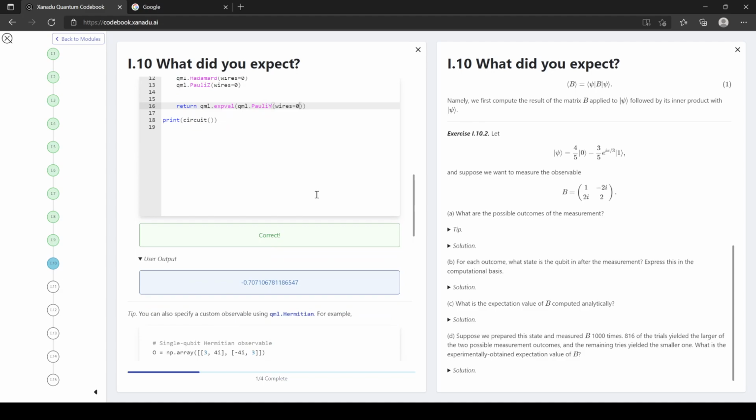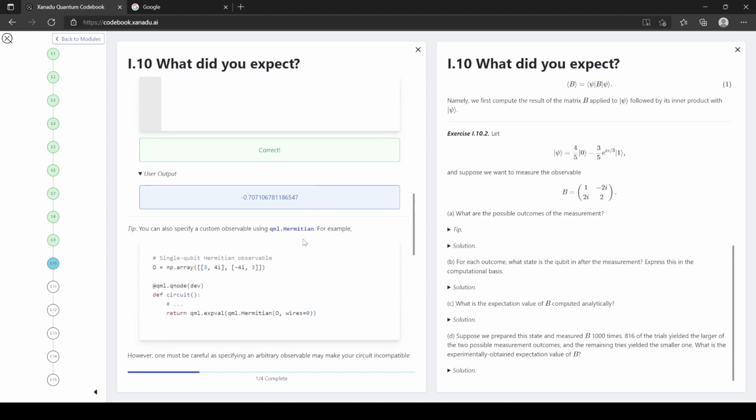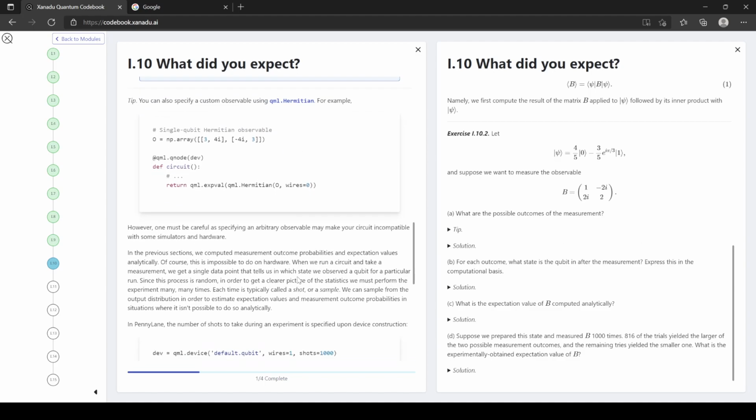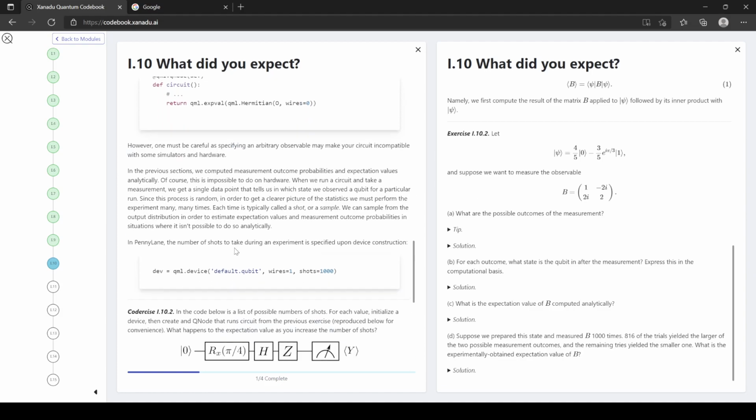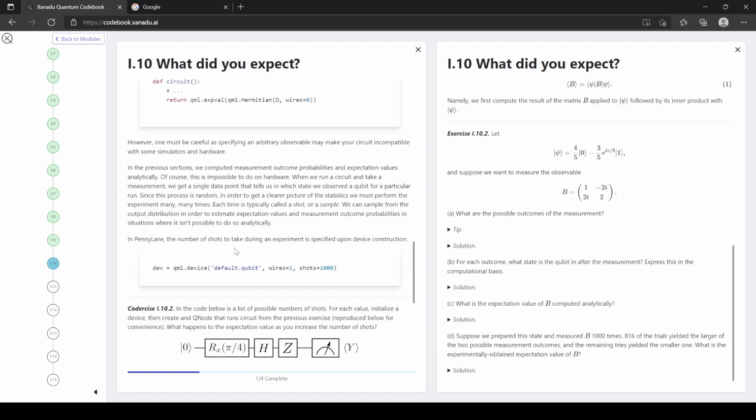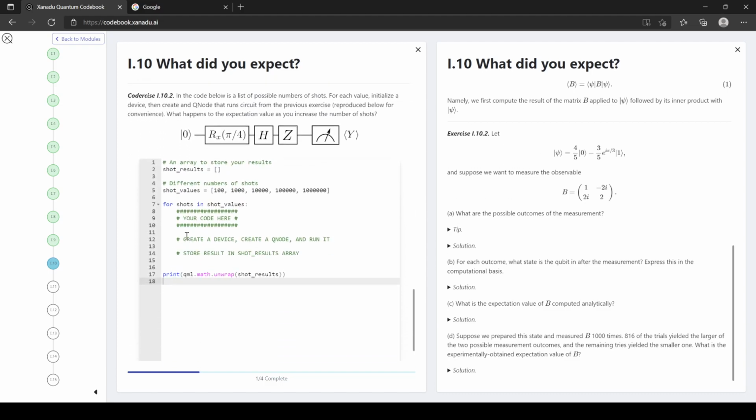Excellent. We can also do custom observables using the Hermitian, which creates presumably a Hermitian observable. Of course, these may not be useful for hardware, so that's fine. All right.